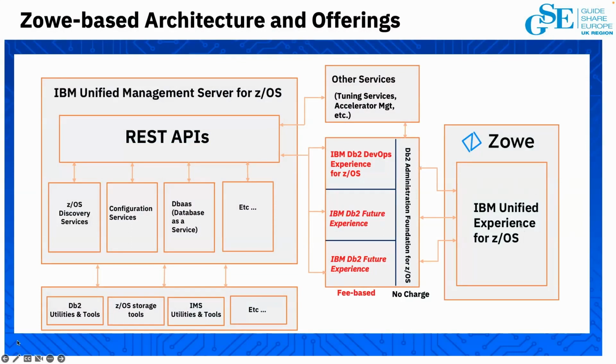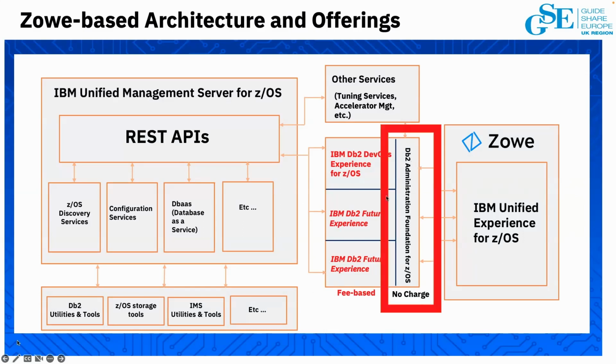It's accessed through the unified experience for z/OS, which is just the container, and we go through this administration foundation layer to the unified management server, and everything's REST APIs. We go through all the discovery. Everything is there. The tuning services are outside of this box, but we talk to them all the time.